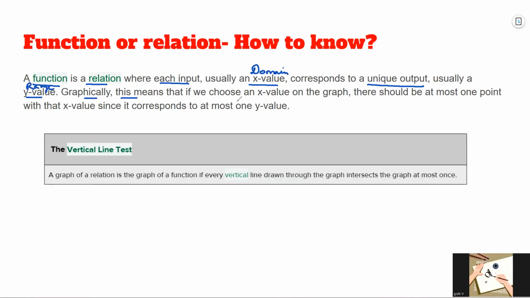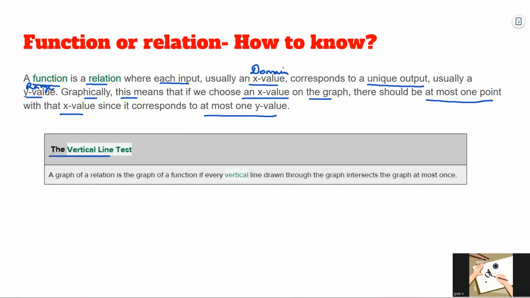Graphically, this means that if we choose a value of x on the graph, there should be at most one point with that x value, since it corresponds to at most one y value. What is the vertical line test?